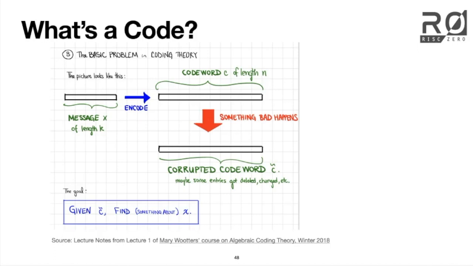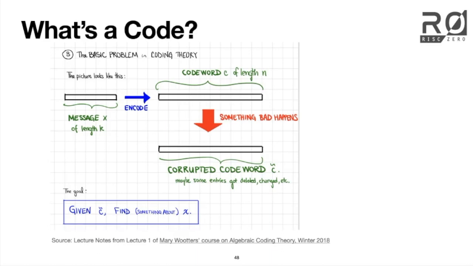But then before Bob actually receives the message, maybe there's some sort of signal noise that distorts some of the data. Maybe some entries get deleted. So Bob's looking at this code word, or this thing that was received from Alice, and is wondering, what was Alice trying to say? That is the basic problem of coding theory.